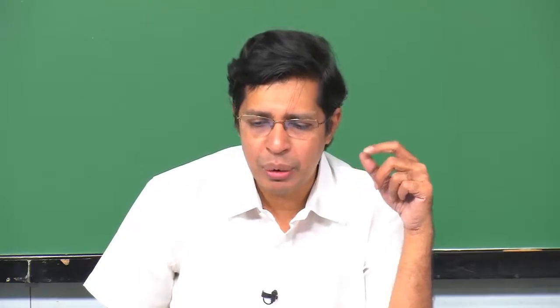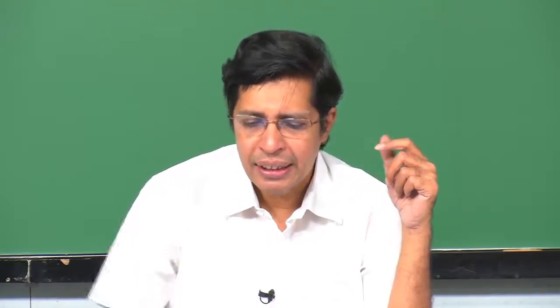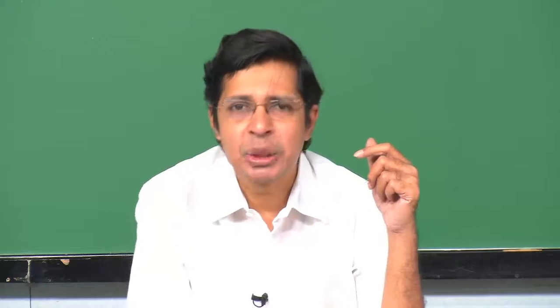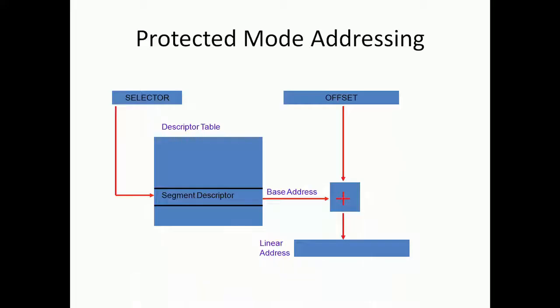Basically, this linear address that you see on the slide here is the actual address on the RAM. If I say 1004, it is 1004 on the RAM. This is directly sent to the memory address register in your RAM. Now, when virtual memory is introduced, this linear address will undergo another translation and then go to the RAM. That part I am going to introduce a little later.